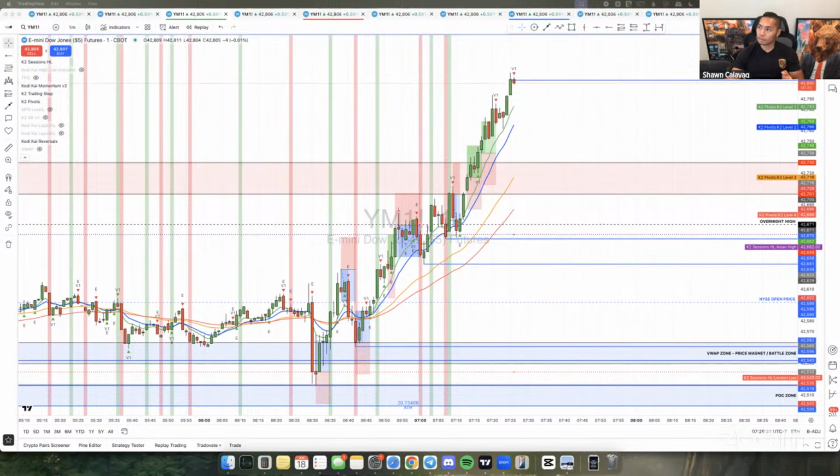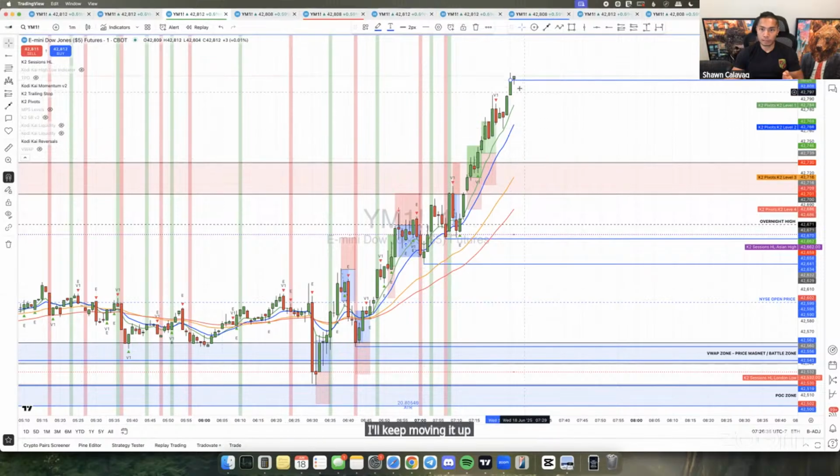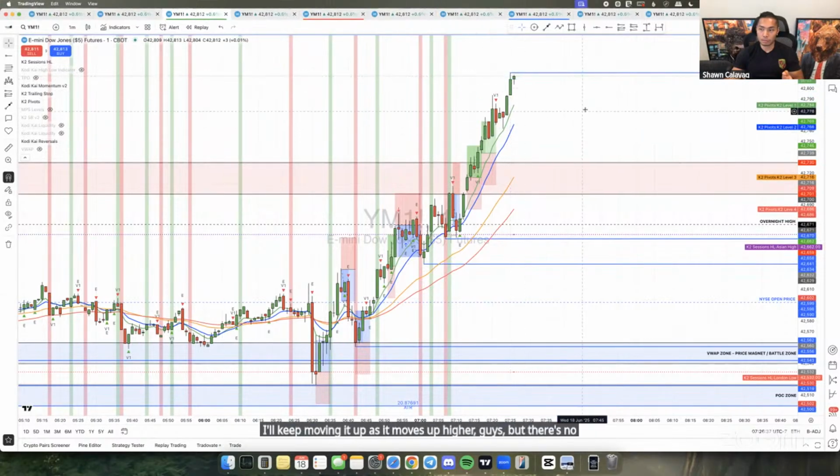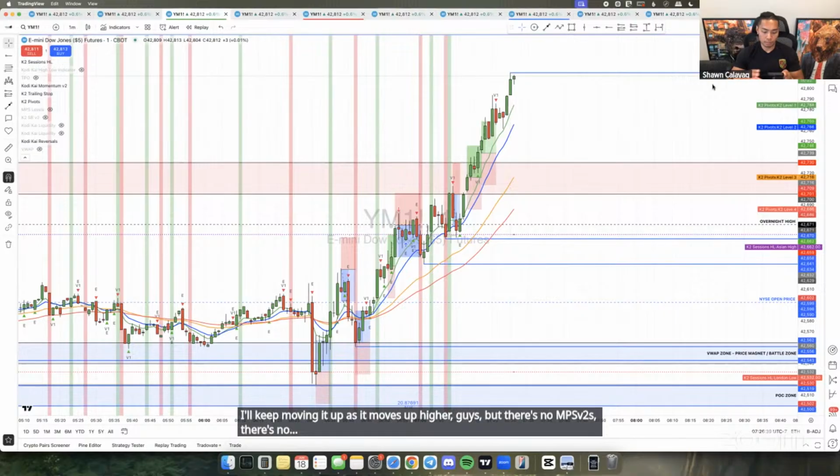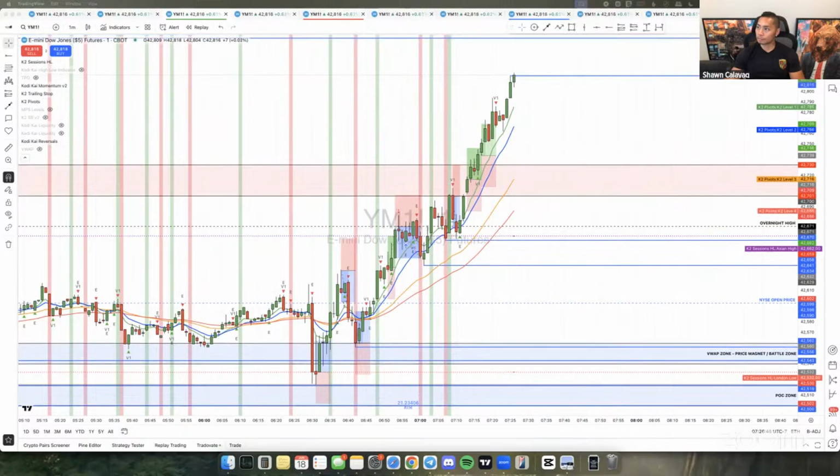All right, we got price just kind of sitting around here. I'll keep moving it up as it moves up higher, guys, but there's no MPSV2s, there's no A++ setups. We're kind of just waiting for this to retrace down.